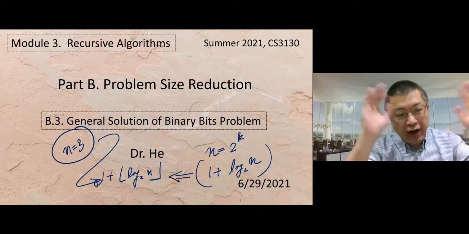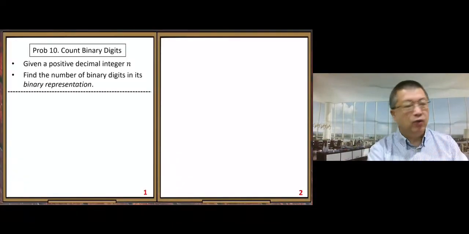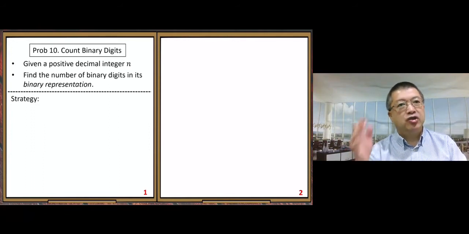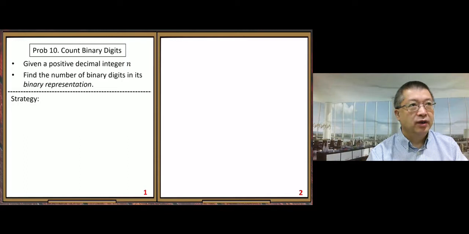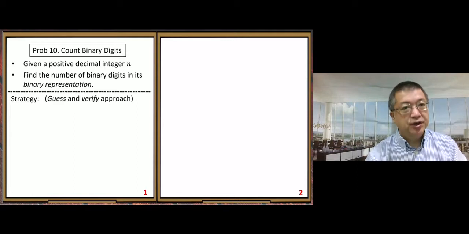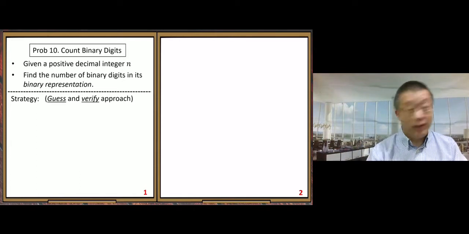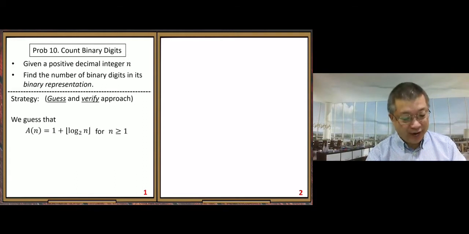All right, so we continue. Let's do the remaining work. First, the strategy part. We use an old strategy, that is the guess and verify approach. We already made that guess, and we feel pretty good about it.